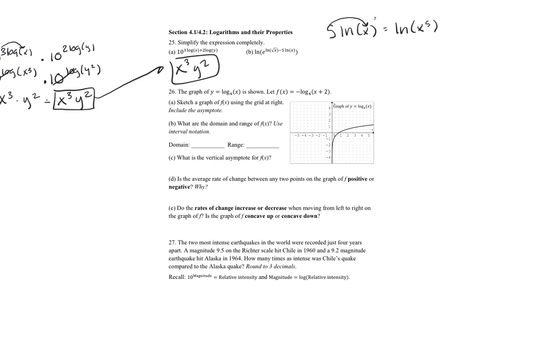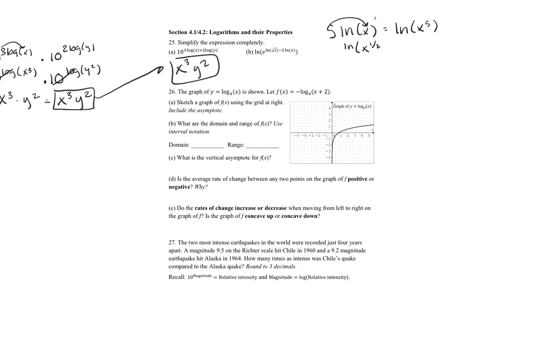All right, so now we can take a look at this natural log of square root of x minus, in this case, natural log of x to the 5th, right? And whenever we have natural logs that are being subtracted, I'm just going to write this out. Natural log of square root of x can also be taken as x to the 1/2, right?